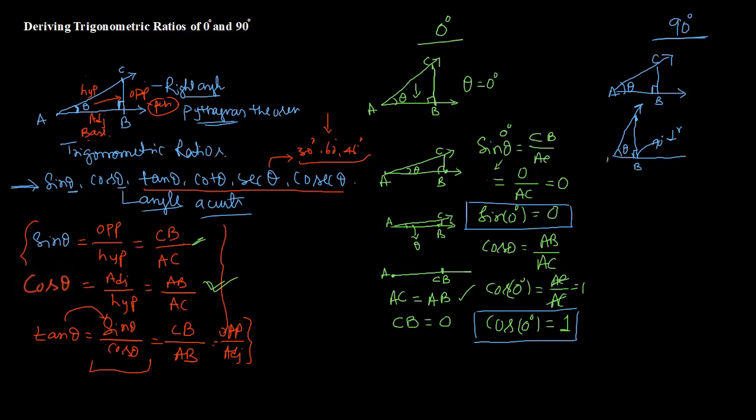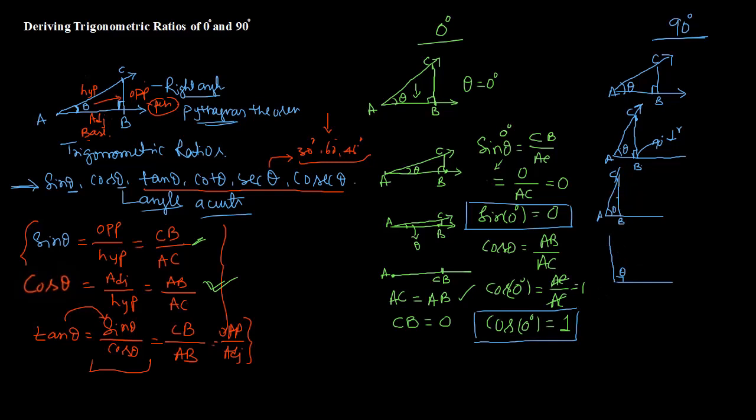So let's draw one more diagram. This is C, that is A, and that is theta.